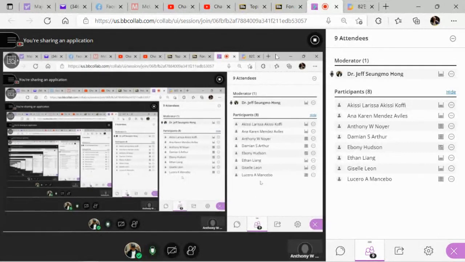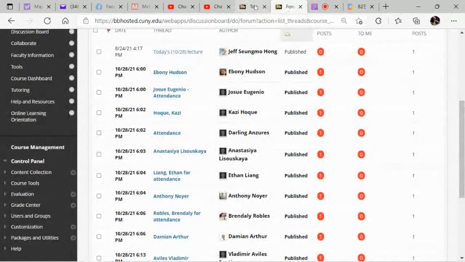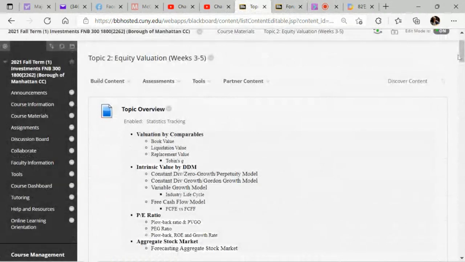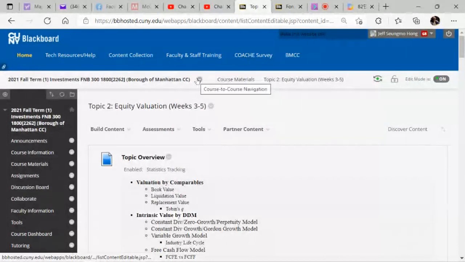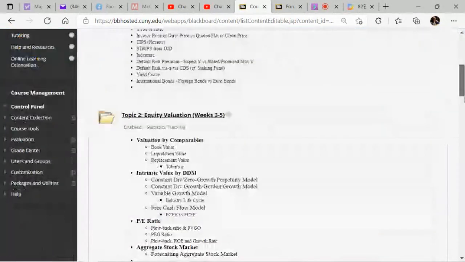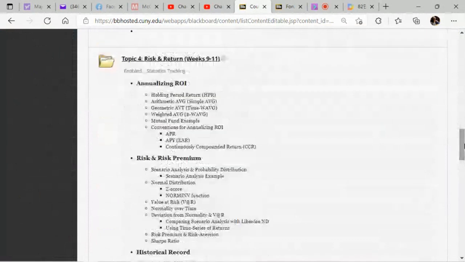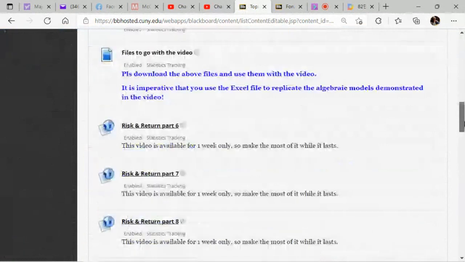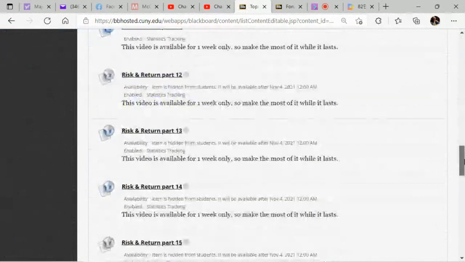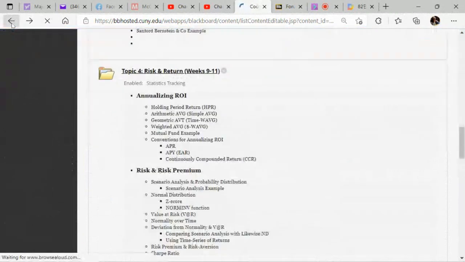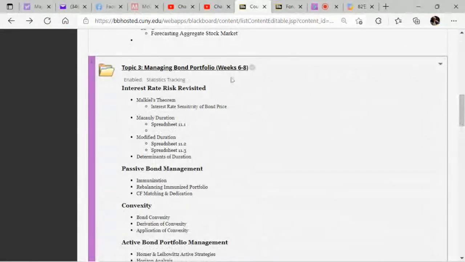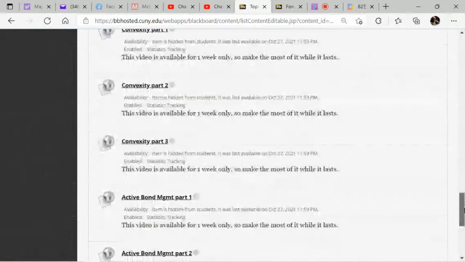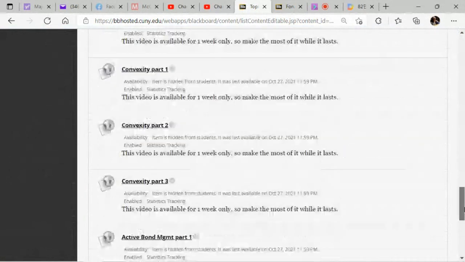Okay, great. So what I wanted to tell you was, by the main lecture, we are actually done with convexity. We're done with bond portfolio management, right? Actually, today we are already into topic 4. Oh, we're already into a lot of it. But topic 3 is already over, right? That was more than 1 week ago.